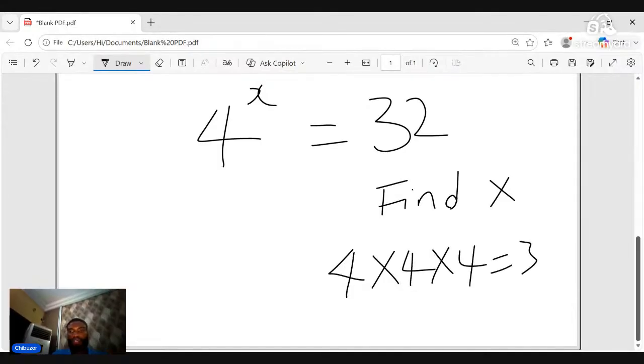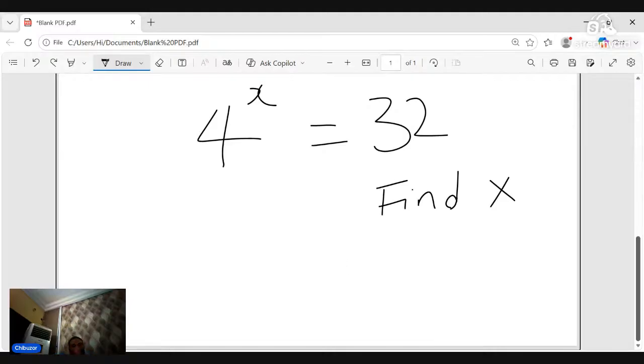It's not equal to 32. So what do we do? Since we can't convert 4 to be an index power of 32, what do we do?